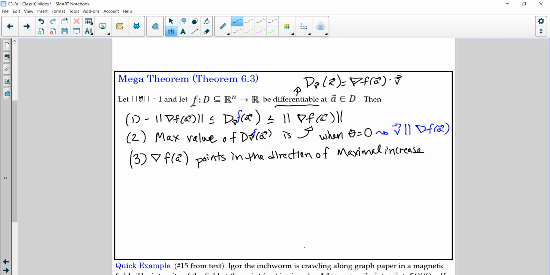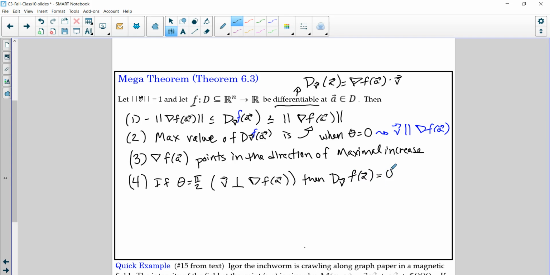And then a fourth thing is that if theta is pi over 2, then this implies that our unit vector is perpendicular to the gradient of f at a, and then the directional derivative in the v direction is naturally going to be 0, per the dot product.